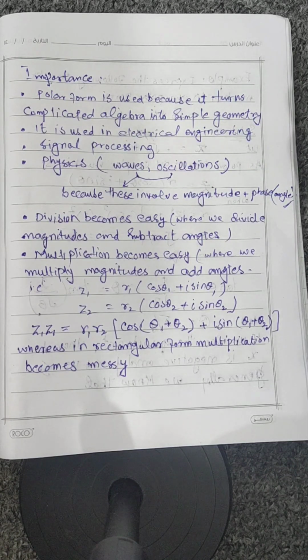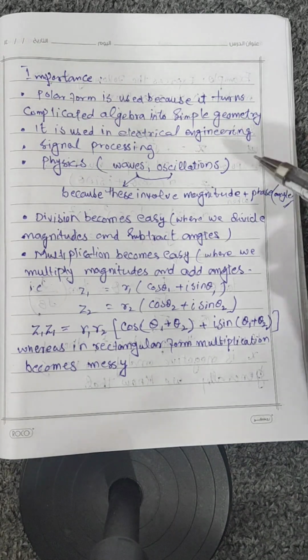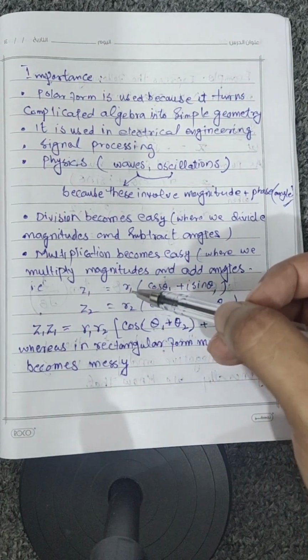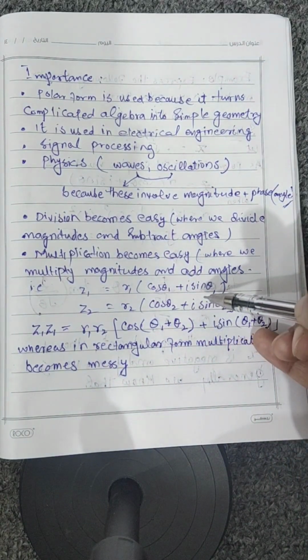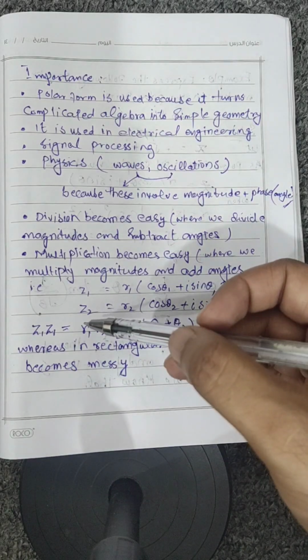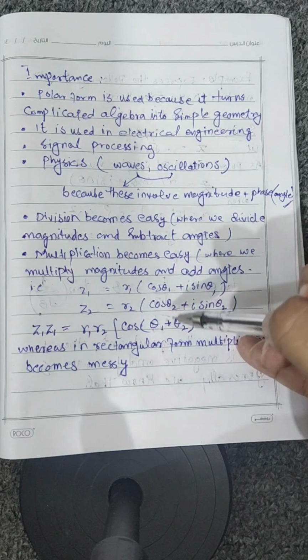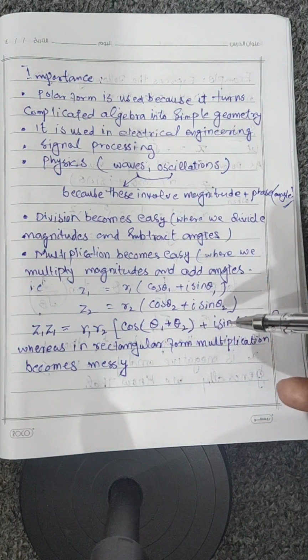Otherwise, in rectangular form, division becomes more complicated. Similarly, multiplication becomes easy, where we multiply the magnitudes and add the angles. Suppose we have two numbers: z1 = r1(cos θ1 + i sin θ1) and the other complex number z2 = r2(cos θ2 + i sin θ2).